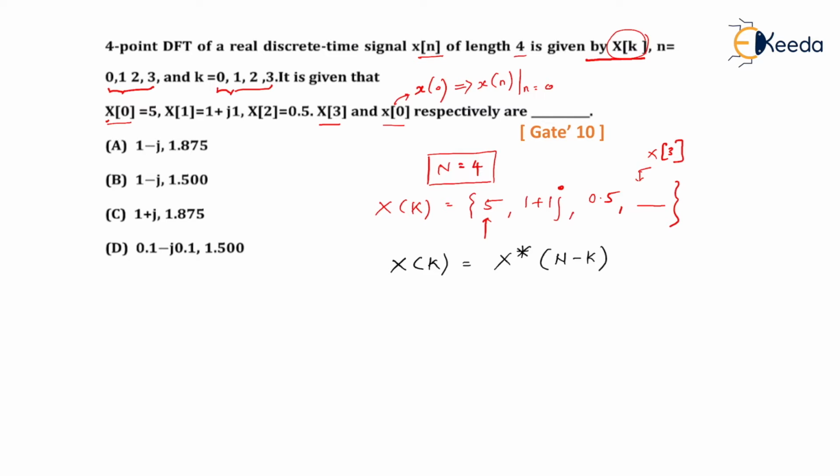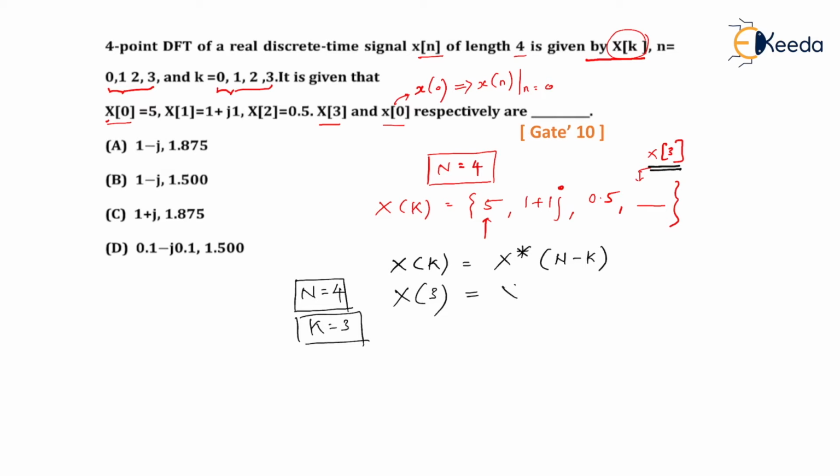You know the value of N is equal to 4, which is given. Tell me, which value is missing? Value of X of 3 is missing. If you want X of 3, it means you are substituting k equal to 3.